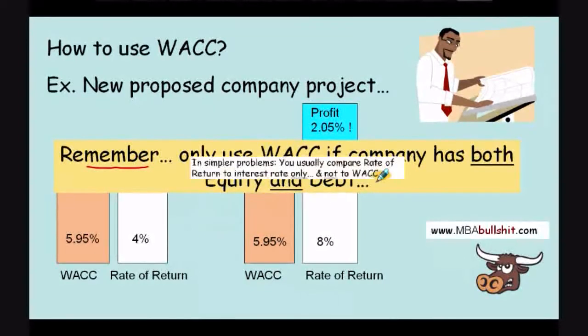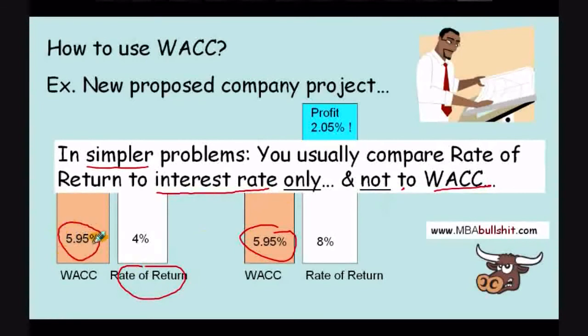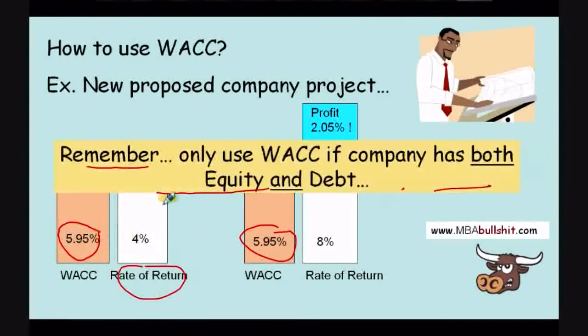Now, in that case, you compare your rate of return only to the interest rate of the bank and not to WACC, which is here. So remember, you only use the WACC, weighted average cost of capital, if the company has both equity and debt.